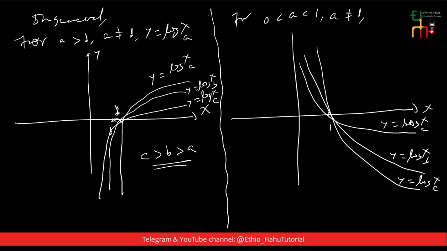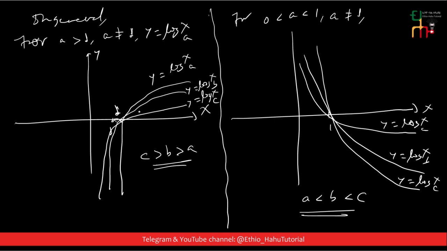In this case, a is less than b, which is less than c, so that this graph is close to this graph, and this one is closer to this graph than this graph. Therefore, for a between 0 and 1, the graph is close to the x-axis when a gets smaller and smaller.